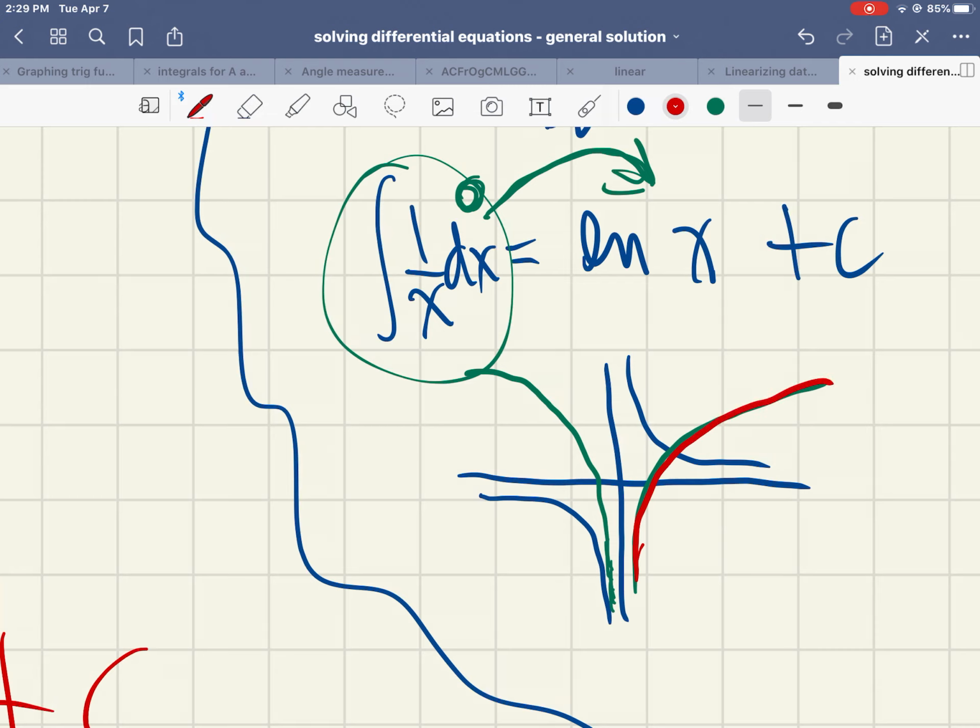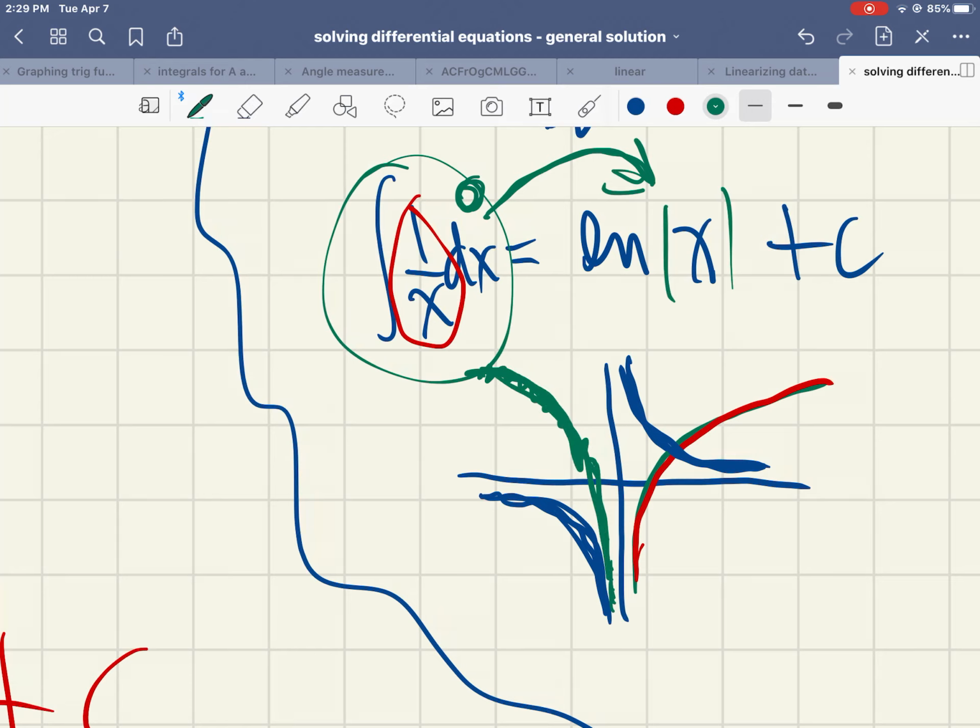But if I'm doing the integral of 1 over x, it has to have both branches because 1 over x is here and here. So I need an antiderivative on the left side of that y-axis. So what I do is I put an absolute value bar on it, and then I can draw this in. That gives me both branches.